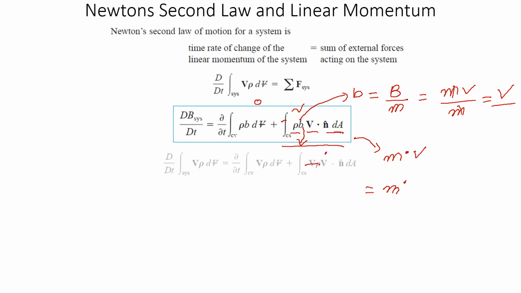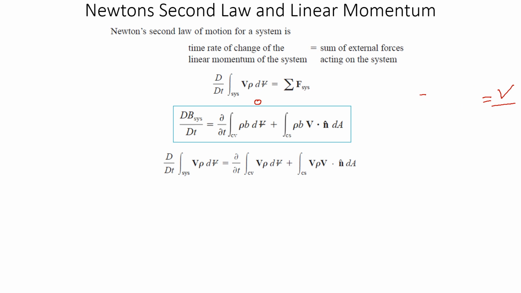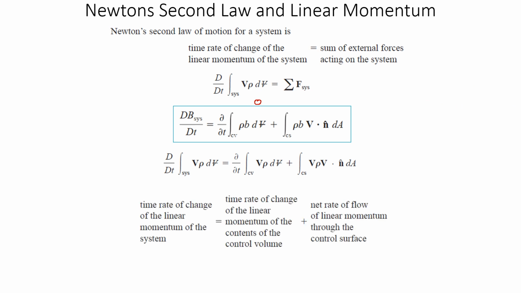Now moving on, this is what I just wrote, and I don't think it needs any further explanation, so I'll move on. This is what our Reynolds transport theorem, when our extensive property is momentum, states: the time rate of change of linear momentum of a system is equal to the time rate of change of linear momentum of the contents of the control volume, that is our fluid inside the control volume.